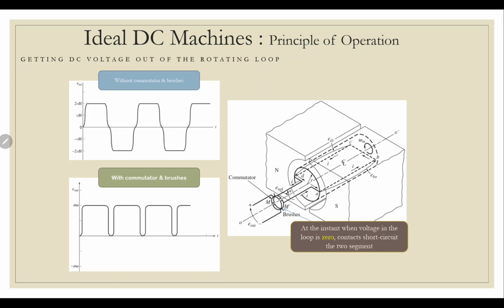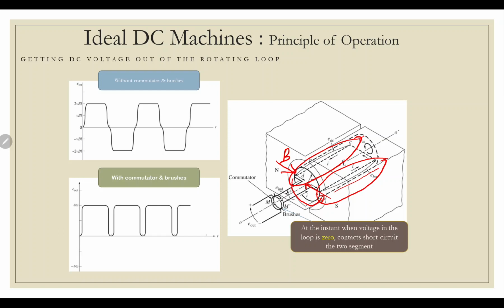The coil, originally under the north pole, in which B is this way, rotates so that side CD comes to this side, under the south pole.